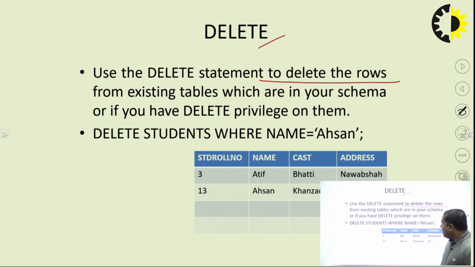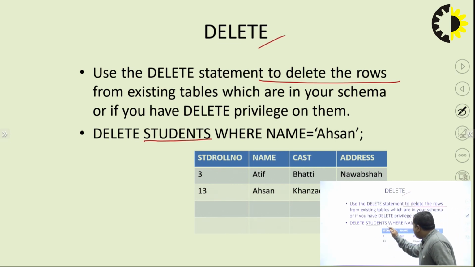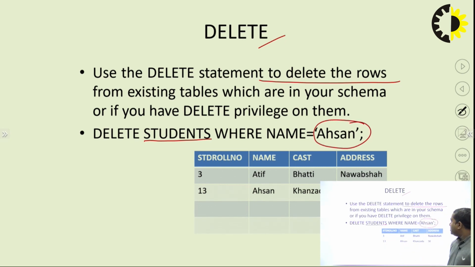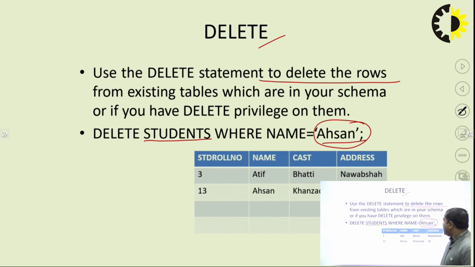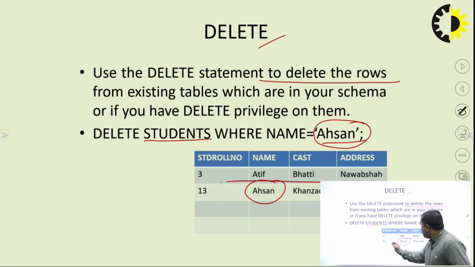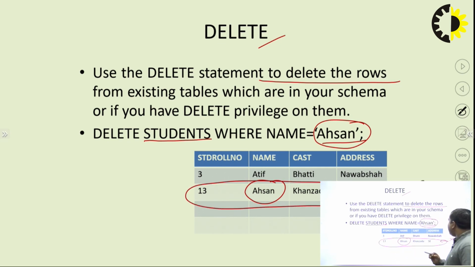So here in our table student, we want to delete those records having this name. Okay, so this will ultimately delete from student where name is equal to Asan. For example, if it exists, then only this record will be identified and the entire record will get deleted from the table.